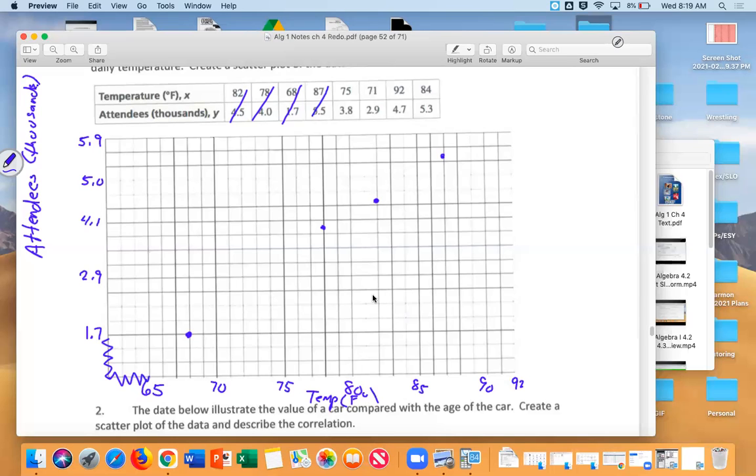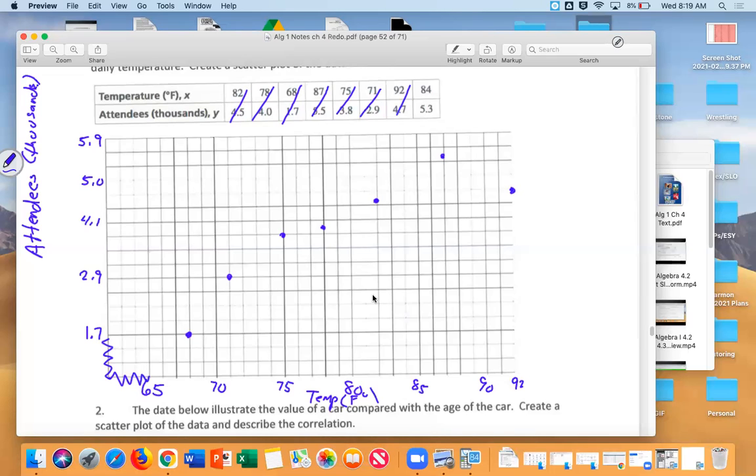At 75, I'm at 3.8. At 71, I'm at 2.9. At 92, 4.7, a little below that.